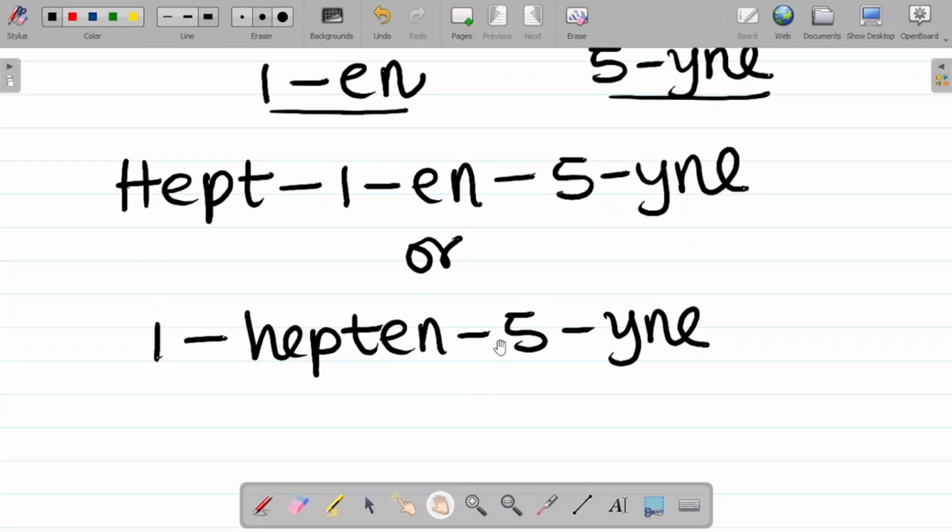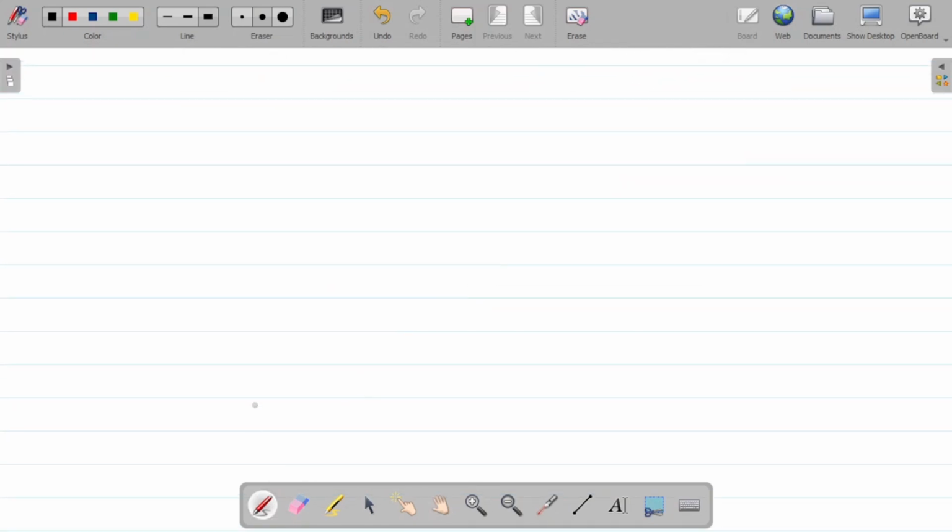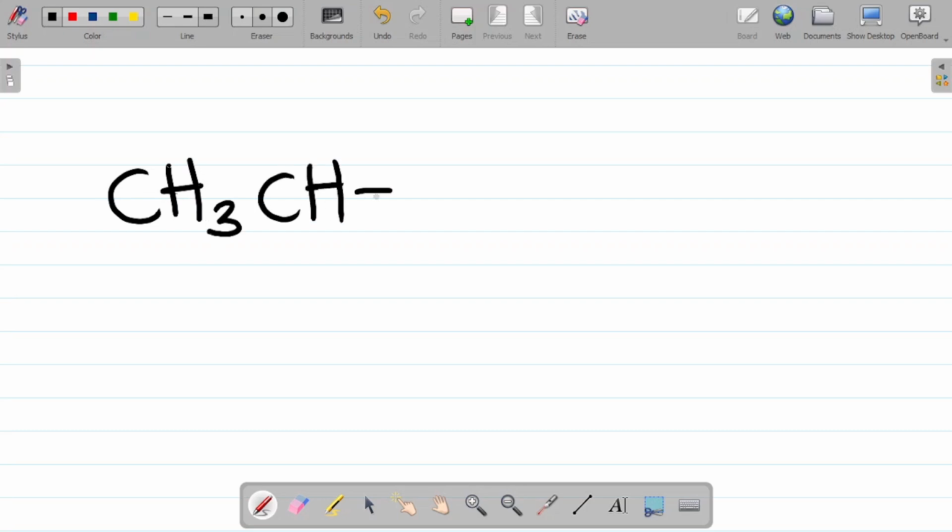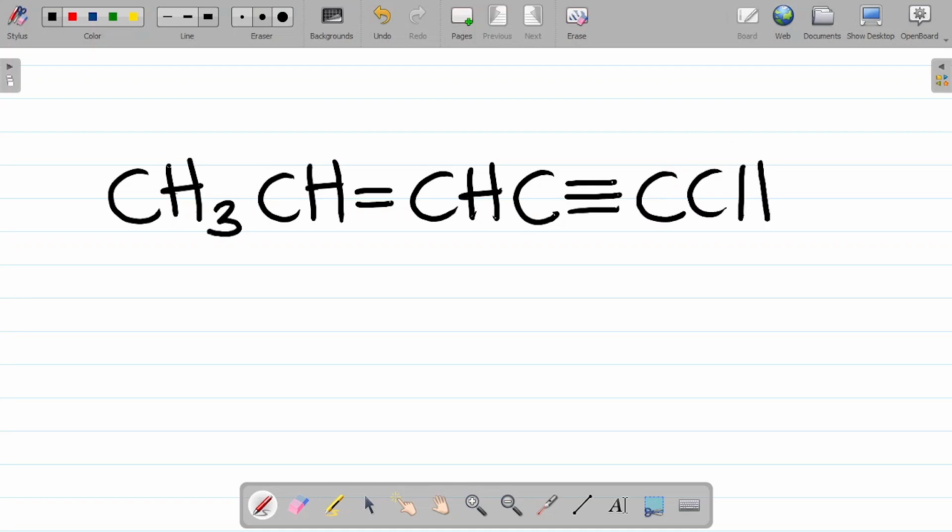Before we go, let me give you a question to try. You try this question and provide your answer in the comment section. So comment the name of this compound. You have CH3, then CH double bonded to CH, and then C triple bonded to C, then you have CH3.